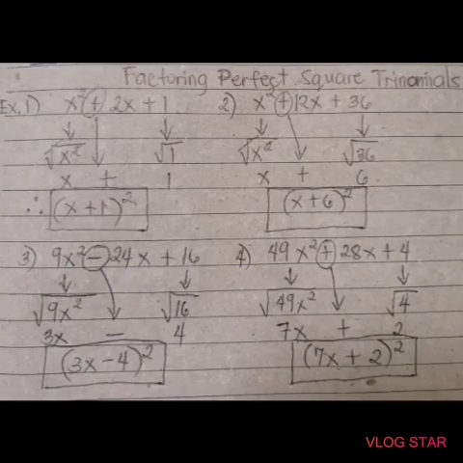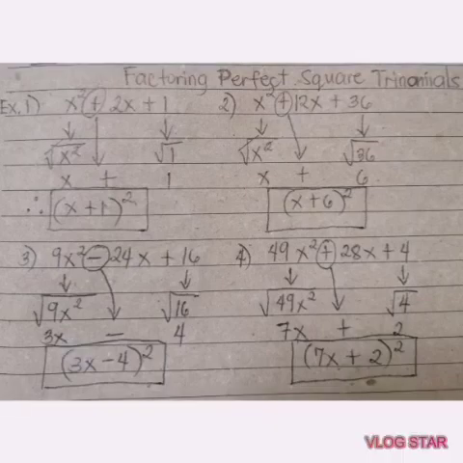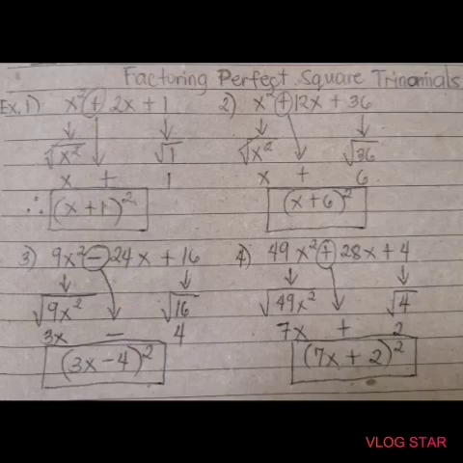How to get negative 24x? You multiply 3x and negative 4. That will give you negative 12. And then, like I've said a while ago, you always multiply it by 2 or you double it. So, we have negative 12x times 2 is negative 24x.